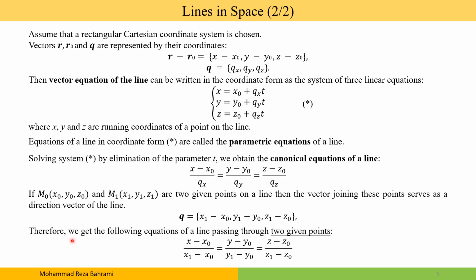Therefore, we get the following equations of a line passing through two given points. We simply substitute these variables into the canonical equations of a line, and we can find the following equations.